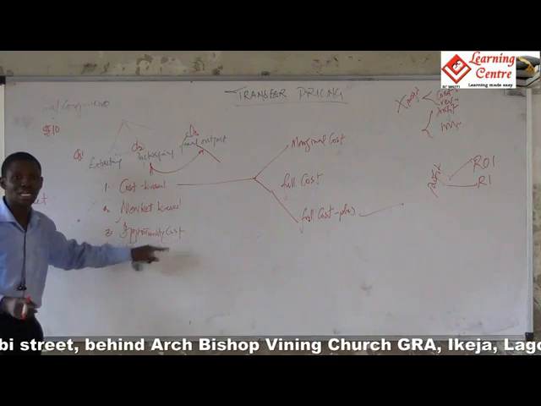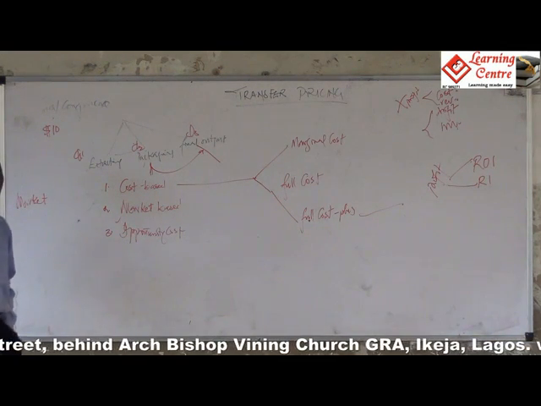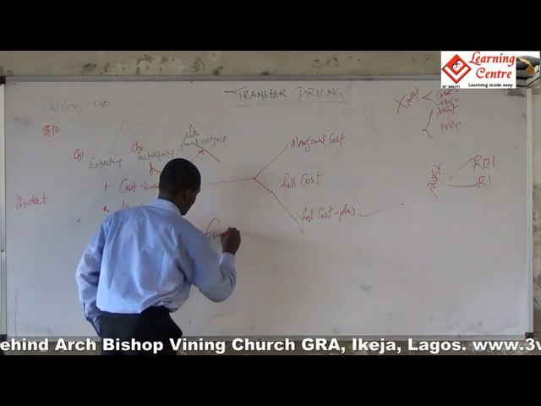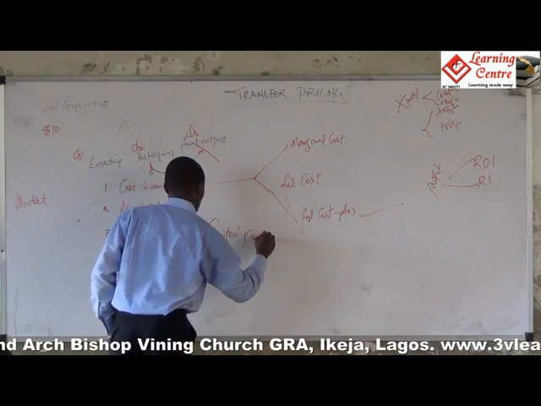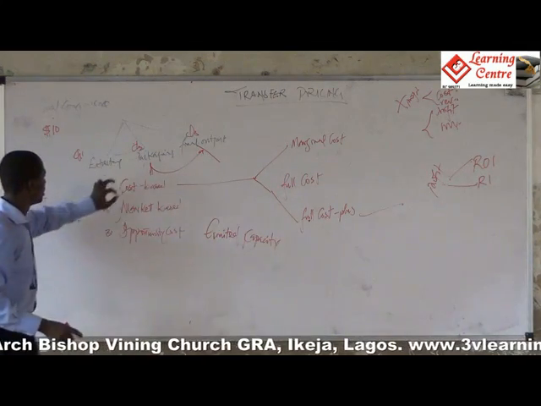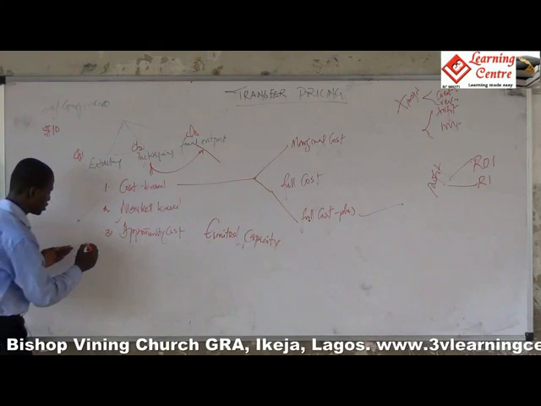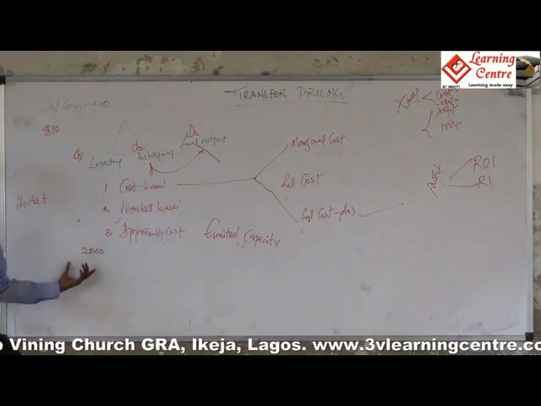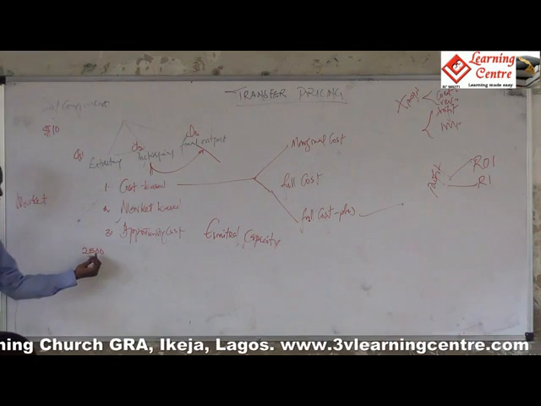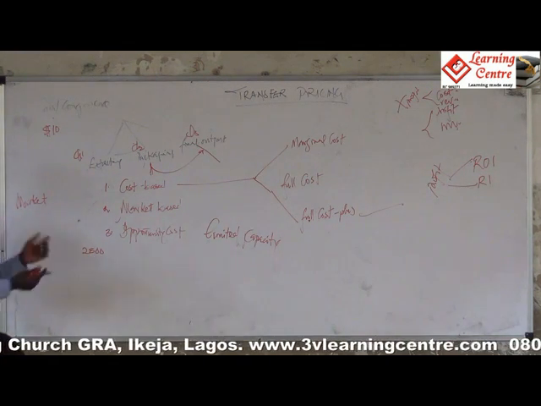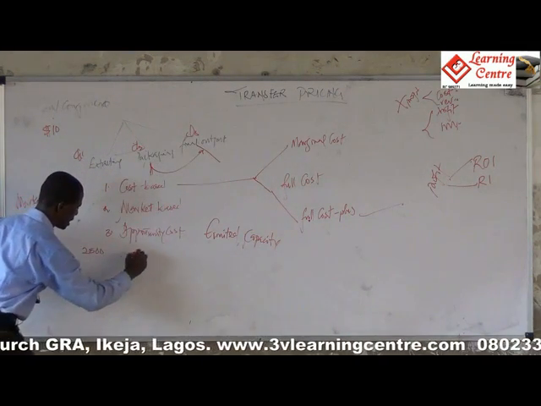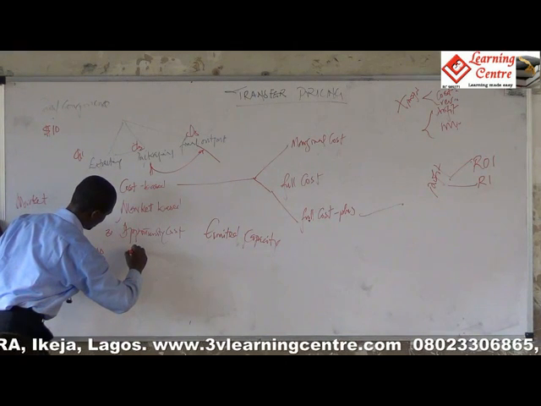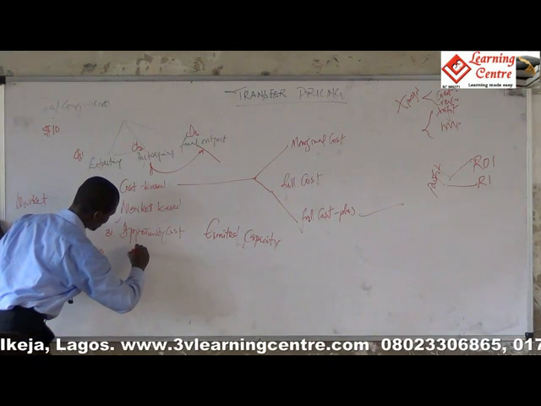Now, we could have opportunity cost, a situation whereby we have limited capacity. The packaging department has the capacity to produce 2,500 units of bottles, and the final output division is requesting, say, 2,000.